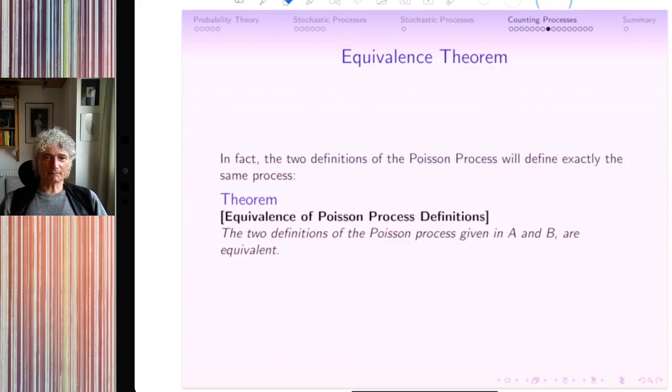So I will now go through the proof of this, but in a very rushed way. I just want to give a few comments. What I really would like you to do is to go through this proof yourself. I will also give only one direction of the proof. Of course, the equivalence of these 2 definitions means that A has to imply B and B has to imply A. I will only give you one direction, where B implies A.